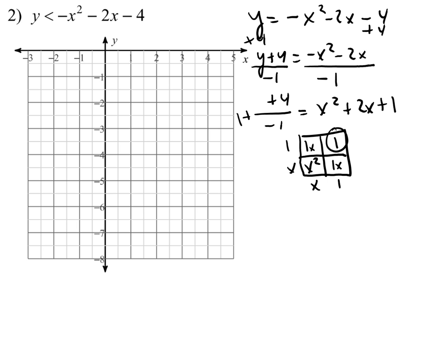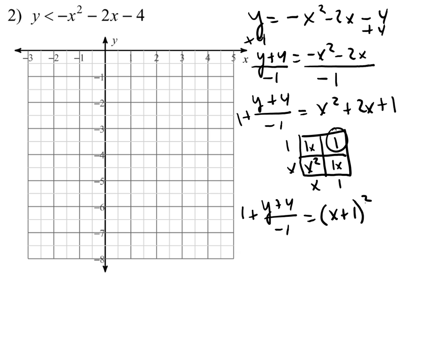All right, so we've got y plus 4 divided by negative 1 equals, this is my perfect square, so I have x plus 1 squared. Let me rewrite that. So x plus 1 squared.